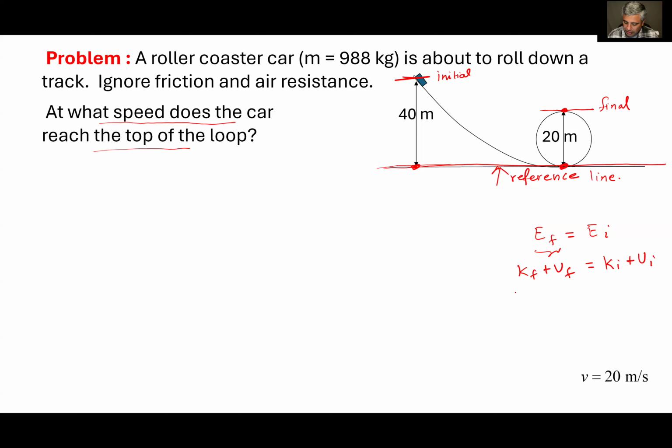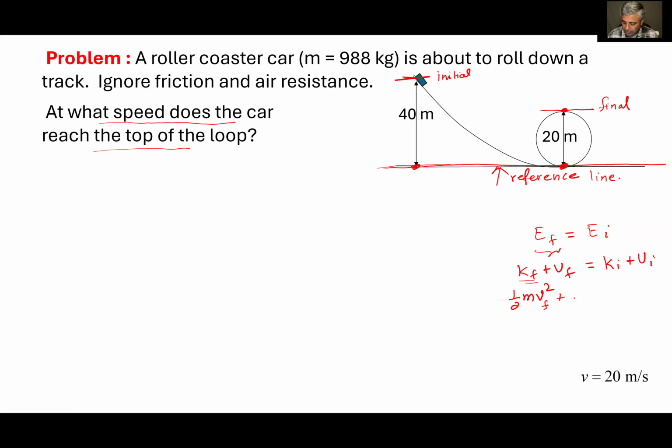To be more clear, we can expand this using the definition of kinetic energy. Kinetic energy is half times mass times velocity squared. That's the basic formula for kinetic energy. Since we're talking about final here, we need to put the final subscript on the speed, because final speed gives us final kinetic energy.